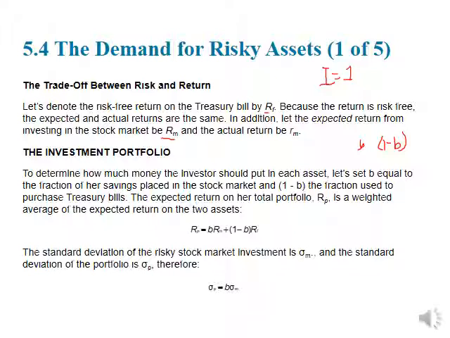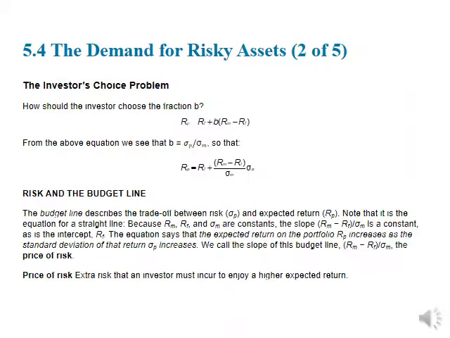We can calculate how much risk is in your portfolio by just weighting the risk, the standard deviation of stock market investments, by the proportion that you invest in the stock market. So to solve the investor's choice problem, we just solve the same utility maximizing problem we've been dealing with for a couple chapters now.